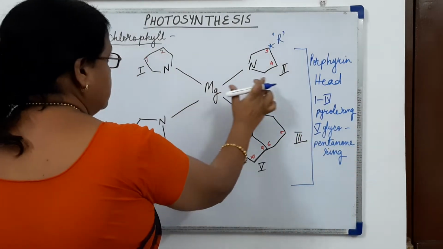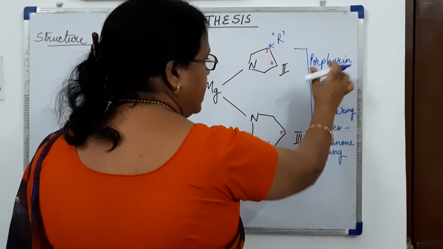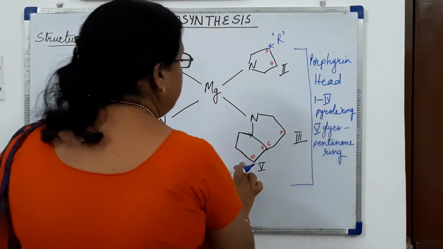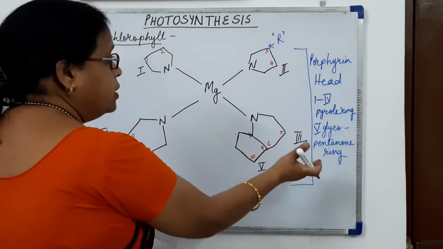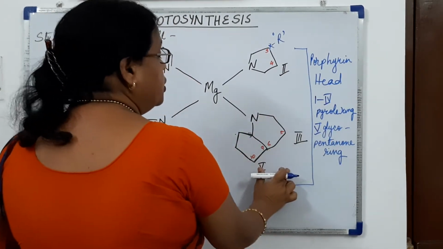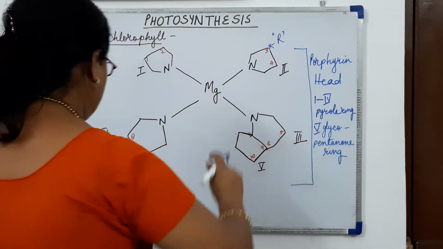So 1, 2, 3 and 4 will be making the porphyrin pyrrole ring, and the fifth one will be making the pentanone ring, and they together will make the head of the chlorophyll molecule, and this is in this way.